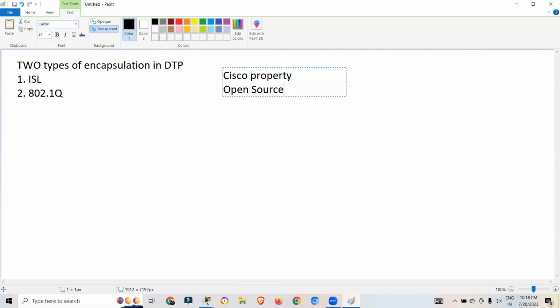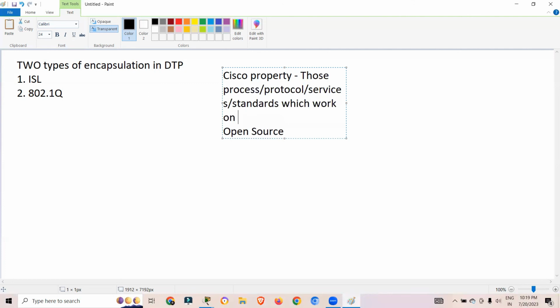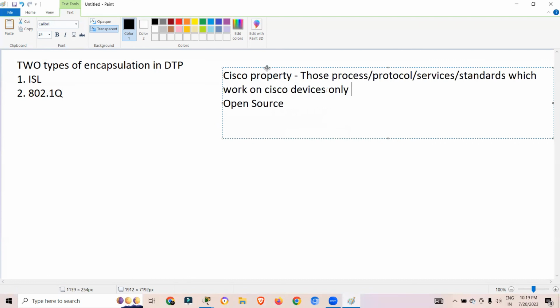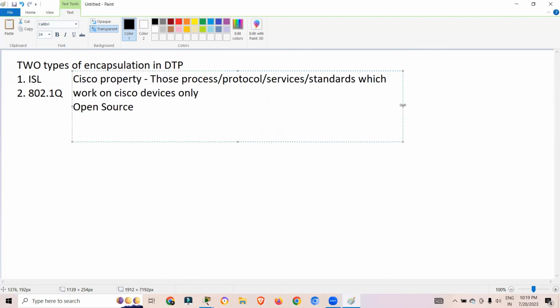Those protocols, services, and standards which work only on Cisco devices are called what?